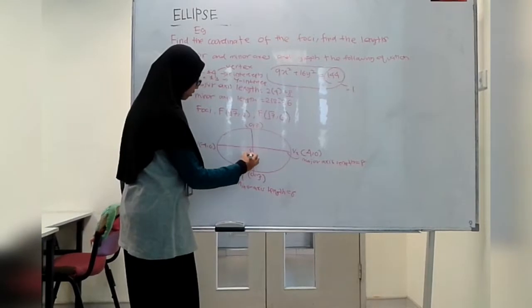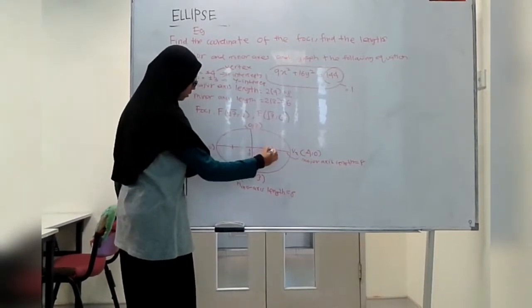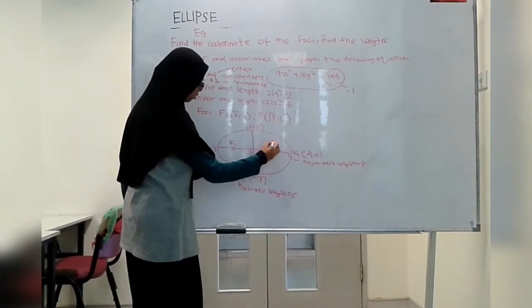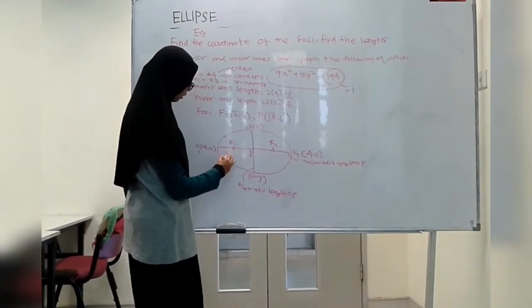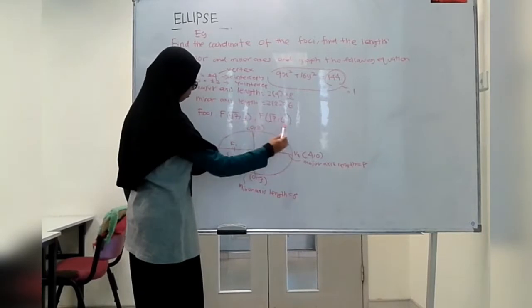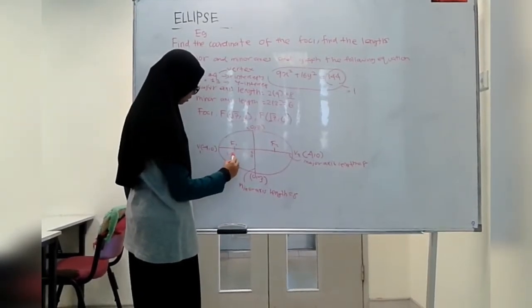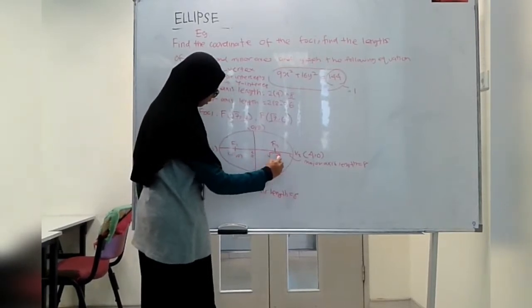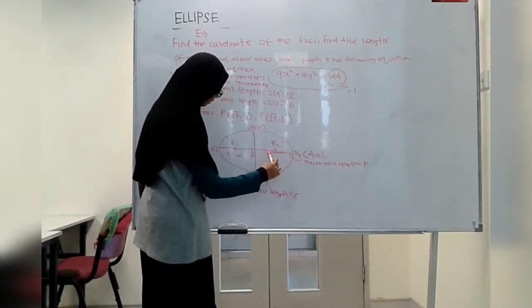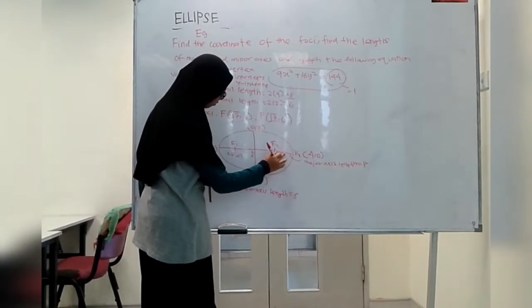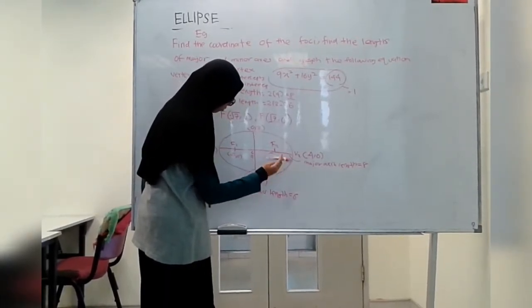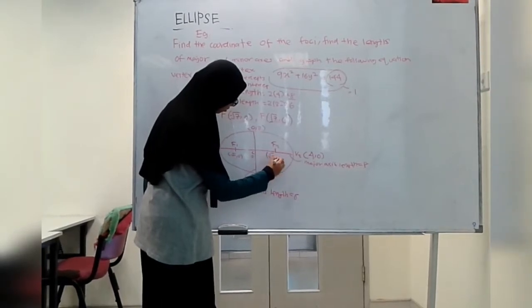Center at origin. So right here are the foci, focus 1 and focus 2. Focus 1 is here at negative square root of 7, 0, and on the right-hand side square root of 7, 0.